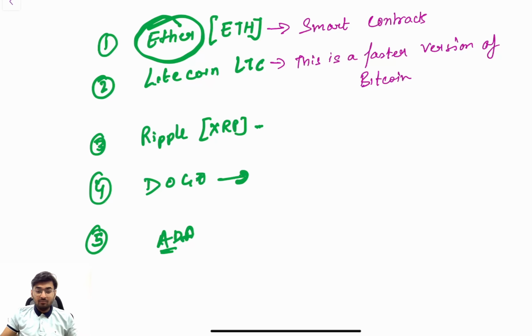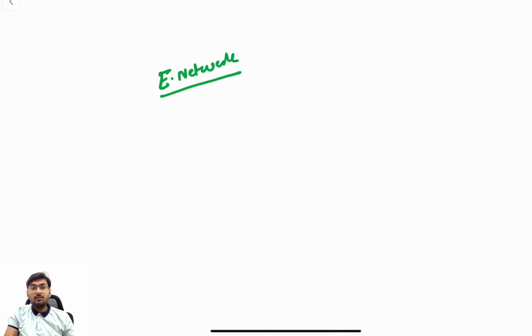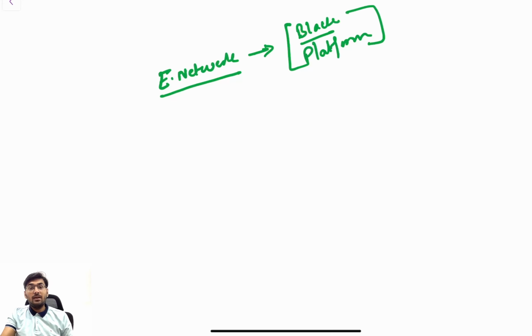Again, a few of the key things to understand. We have the Ethereum network. What is this Ethereum network? This is nothing but a blockchain platform. Now this is not only about sending or receiving money.